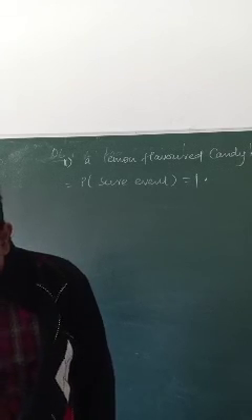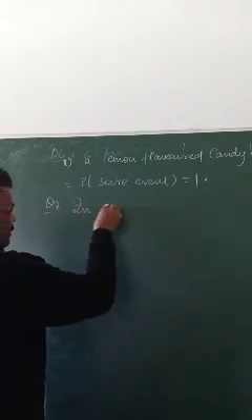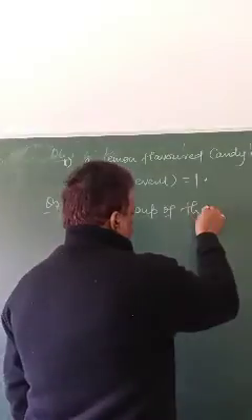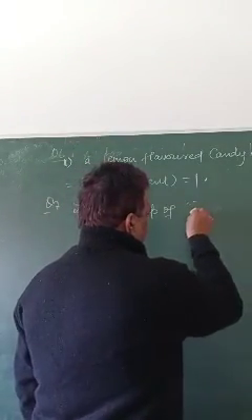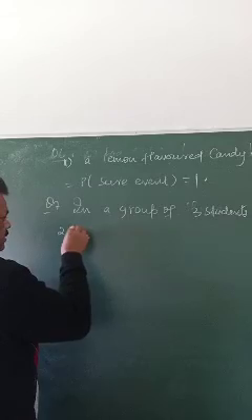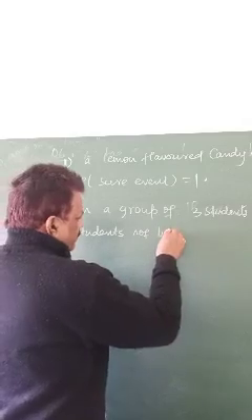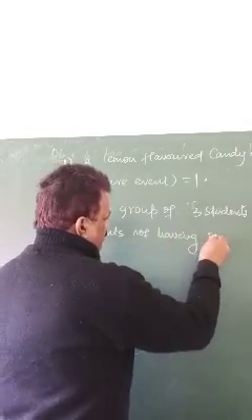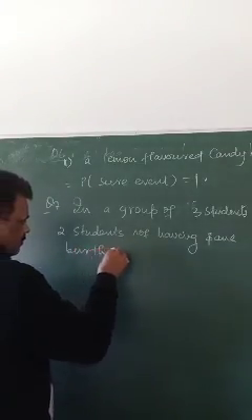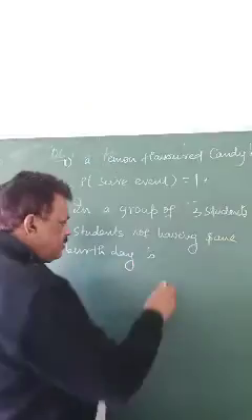Question number 7. In a group of 3 students, the probability of two students not having the same birthday is 0.992.